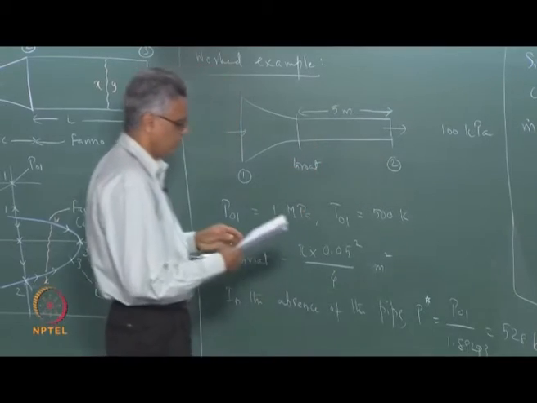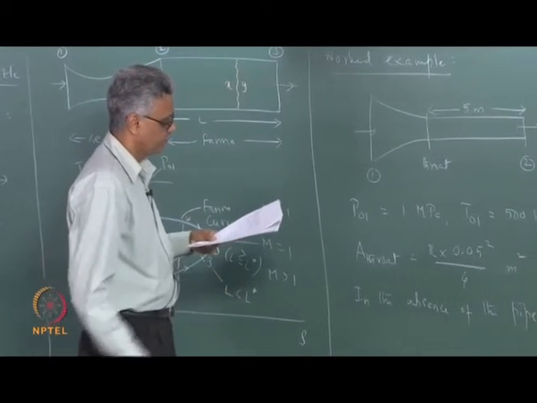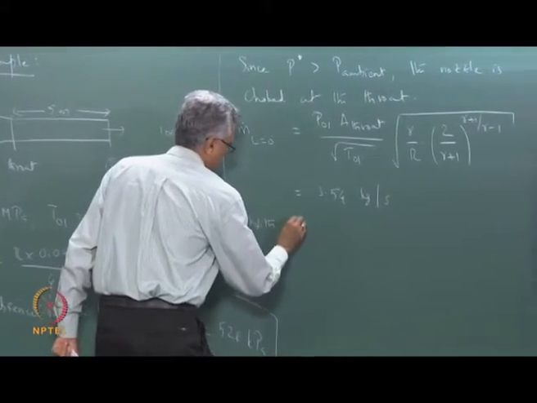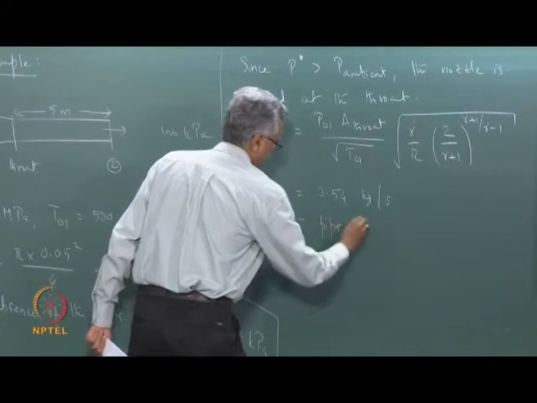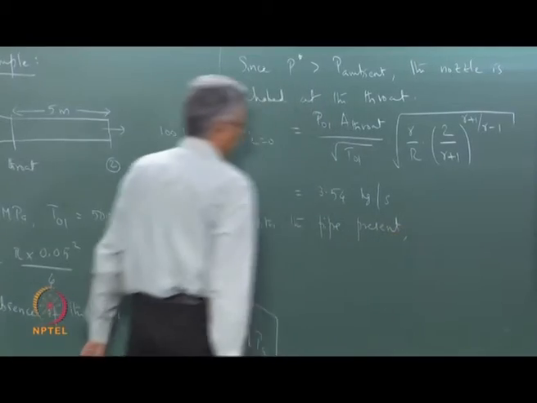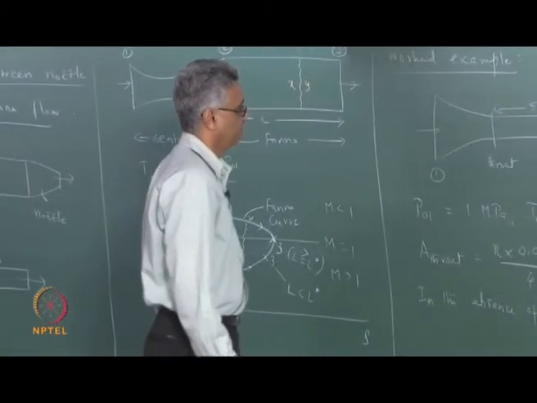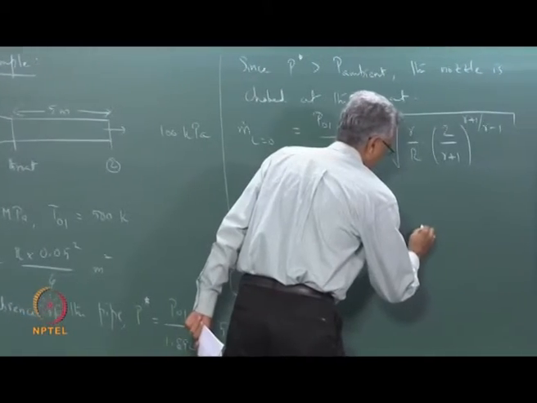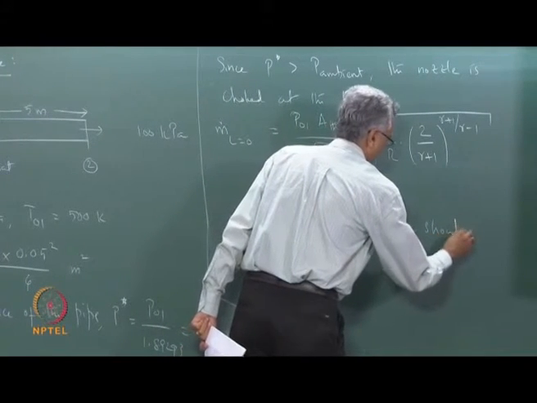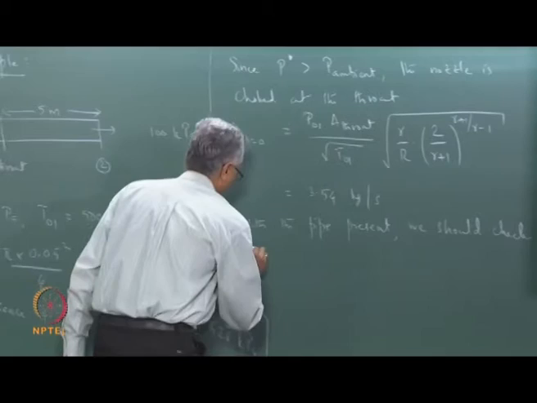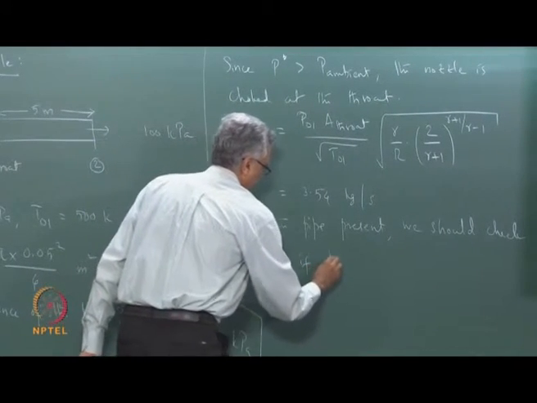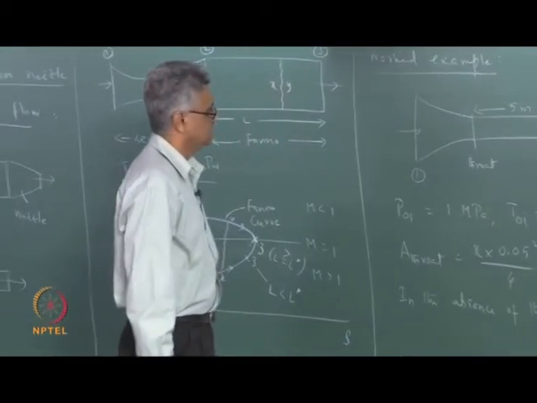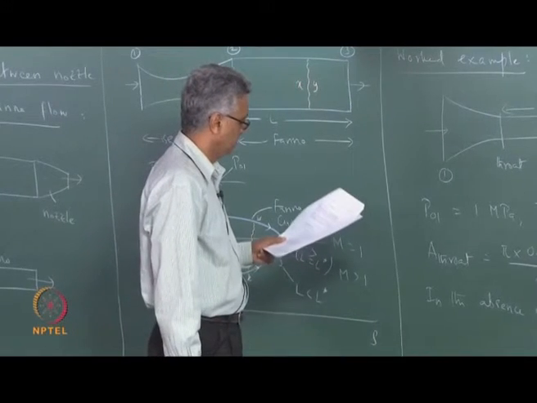So what we do is the following: with the pipe present, check to see if L is equal to L star. Once we do that, other things can be easily done, that is not a problem.